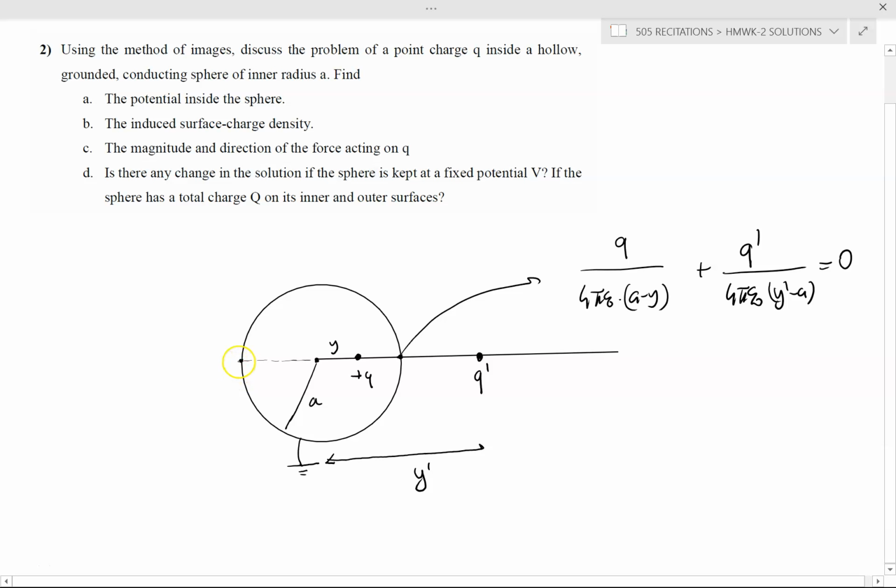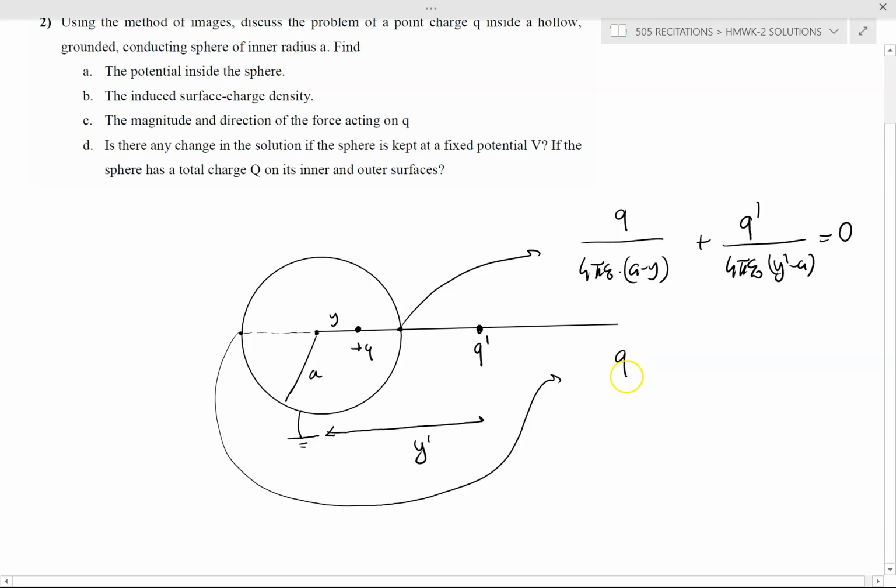At this point, I have Q over 4πε0 (a plus y) plus Q prime over 4πε0 (y prime plus a) is equal to 0.